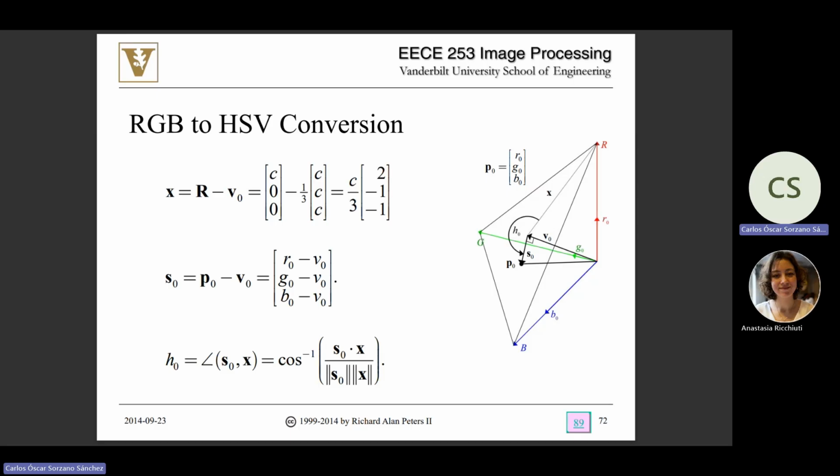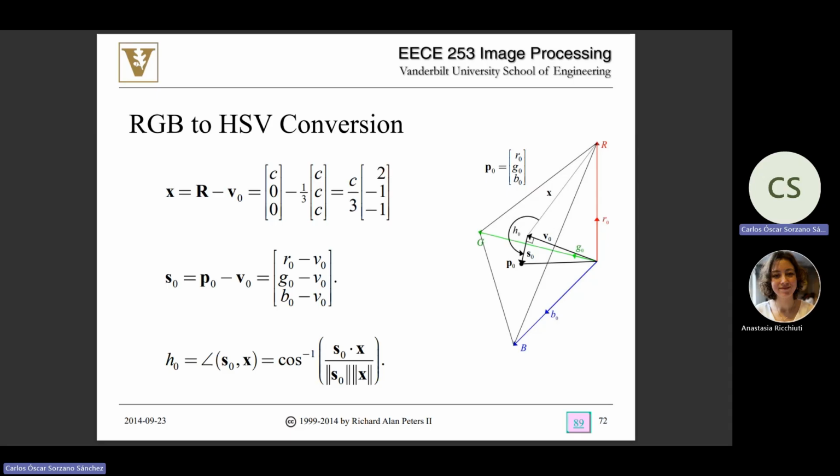And then minus V0, so it is this one. This vector here is always this one. And this is the saturation vector, and then we have to measure the angle between the saturation vector and your X vector. You have to go from X to S0.